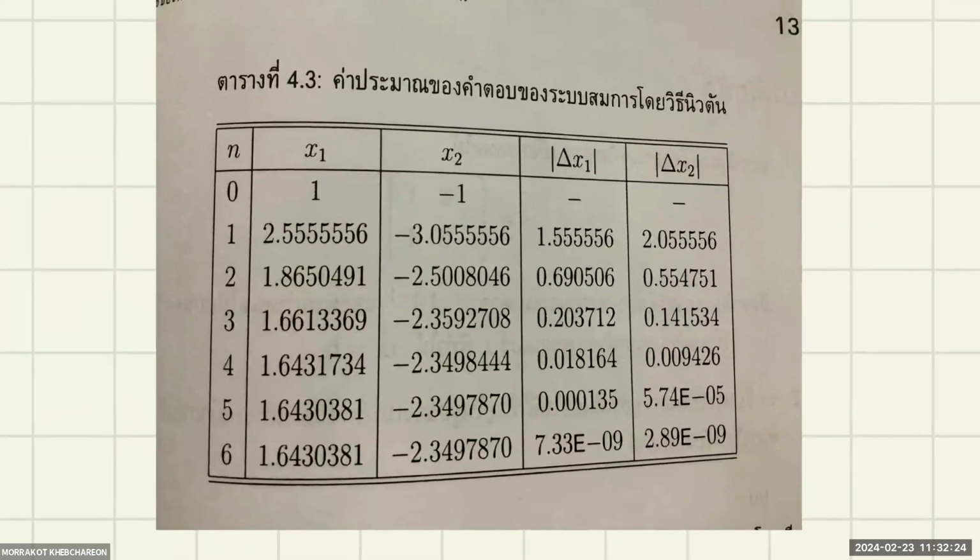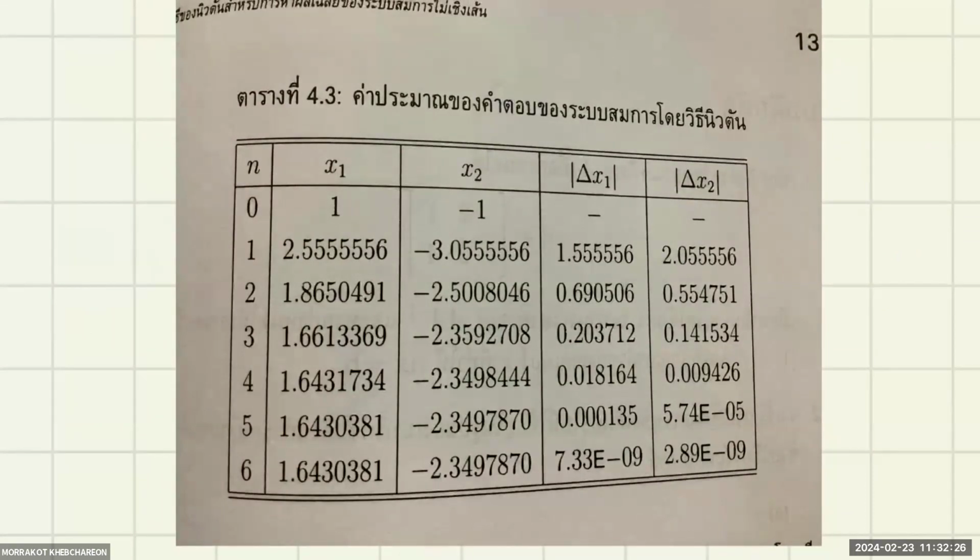So here, I ran the program, I didn't do it by hand. I wanted the solution to be accurate so that delta x, delta y are less than 10 to the minus 9. So the solution would be x1 is 1.654 and x2 is minus 2.34.